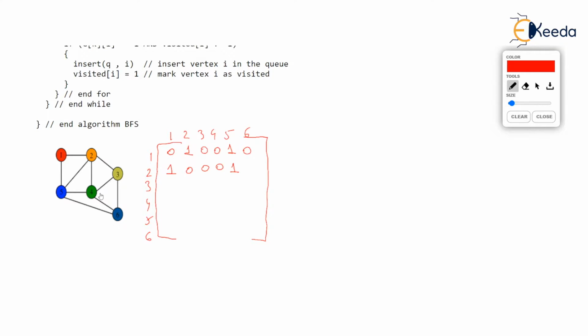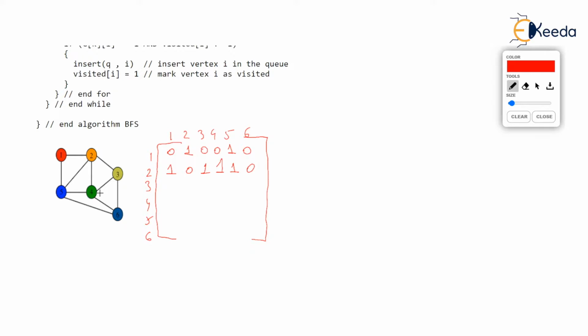This second row will be: 2 to 1 is 1, 2 to 2 is 0, 2 to 3 should be 1, because 2 is adjacent to 3. 2 to 4 is also 1, as you see, there is an edge from 2 to 4. 2 to 5 is also 1, but 2 to 6 is 0.